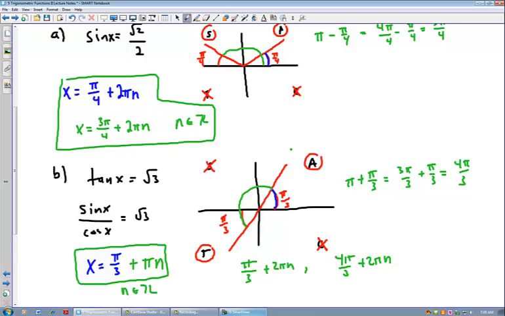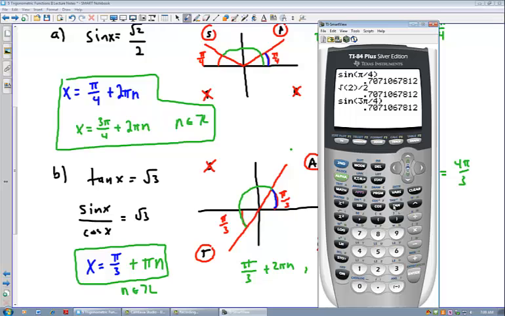You can check your answer by using your calculator, so I can take the tan of pi divided by 3. And I get 1.732 blah blah blah, which is the same thing as square root of 3. You can even add various multiples of pi to it if you want. So if you have pi divided by 3, and you add, let's say, 5 pi, I should get the same answer back, and I do. Right, so those are all possible solutions for my x.